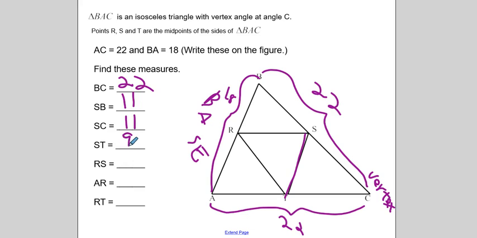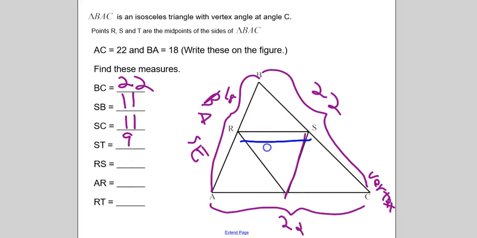RS. Go ahead and lay your pencil on RS, on your paper right now. Now, you don't have a smartboard, but just take your pencil and roll it. Roll it like that. RS is parallel to AC. AC is the big one, 22, which means RS is going to be half of that, which is 11. AR, well, that's right here. AR is half of 18 because R is the midpoint.